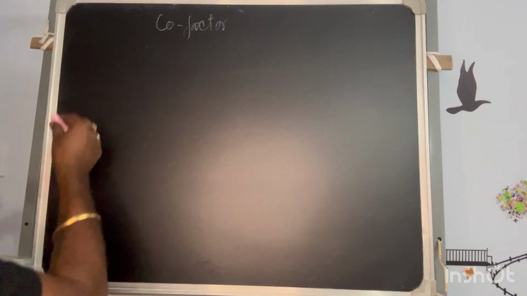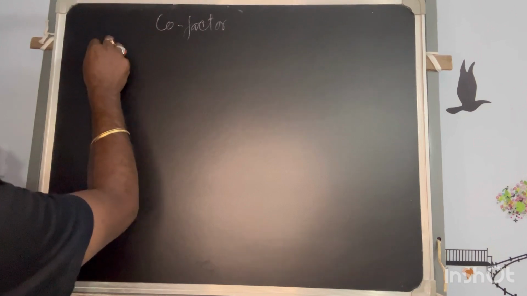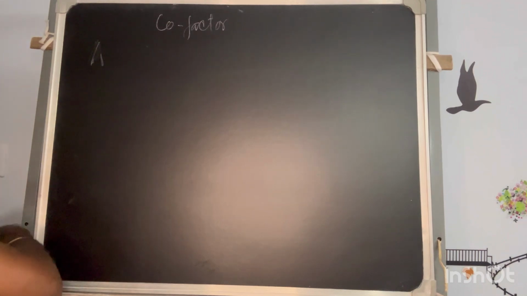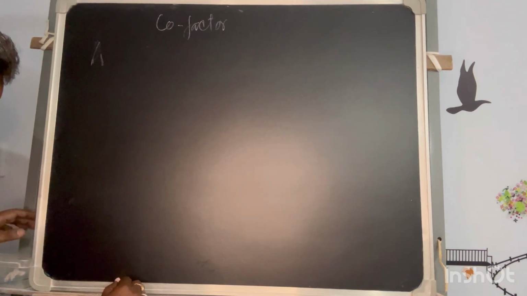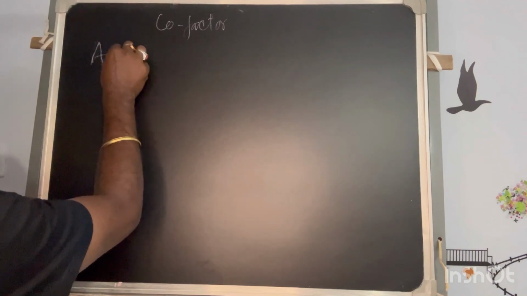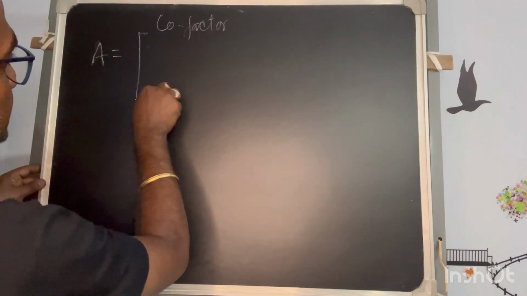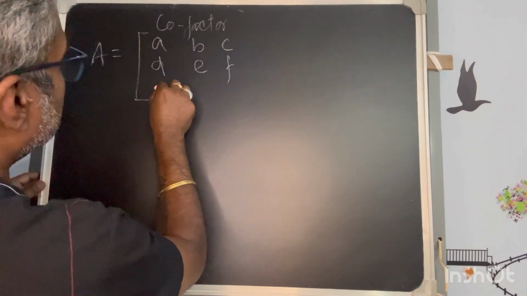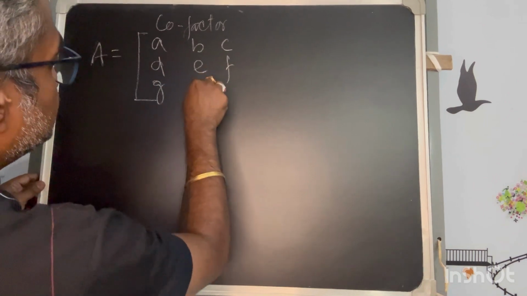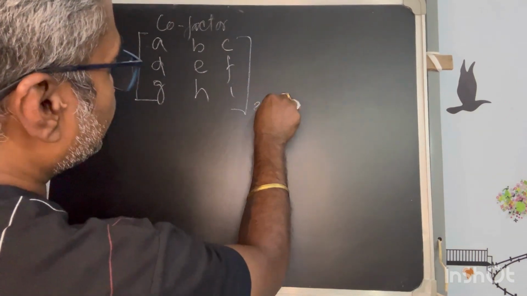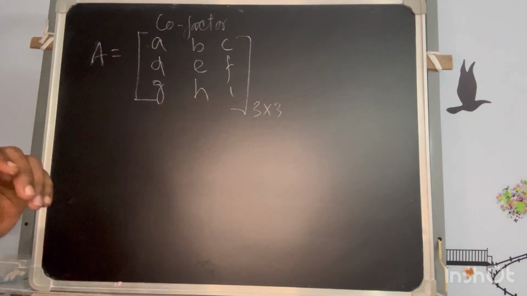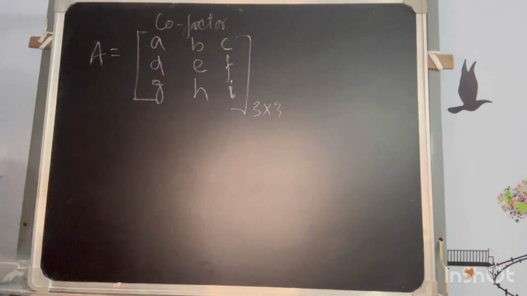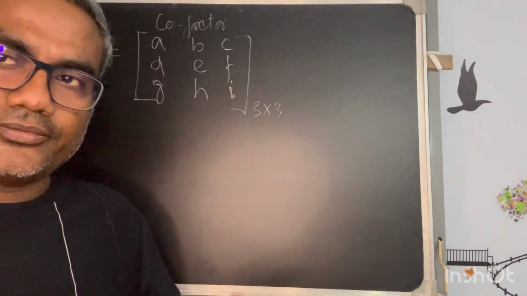Fine. So if we take an example of a matrix represented by, let's say, A, which is given by A, B, C, D, E, F, G, H, I, a 3 cross 3 matrix we are taking just for ease of describing the thing.